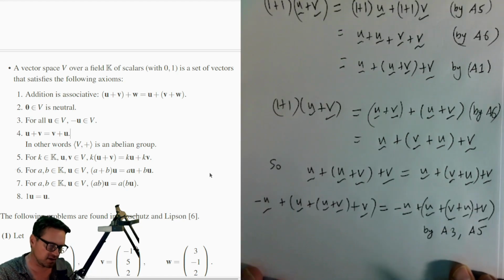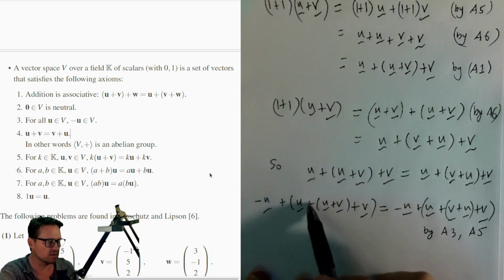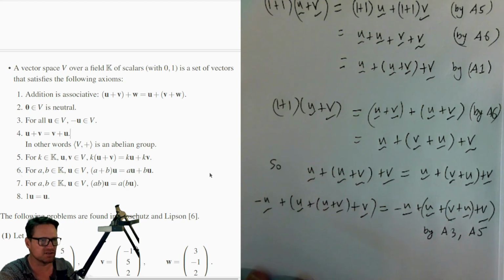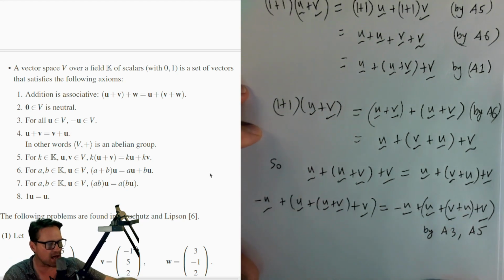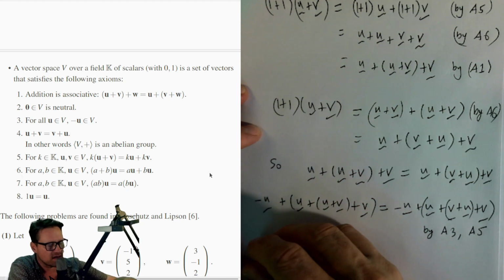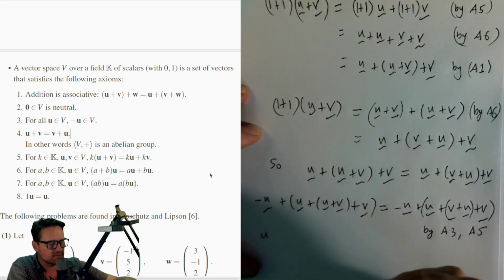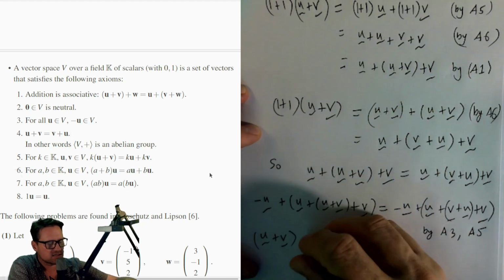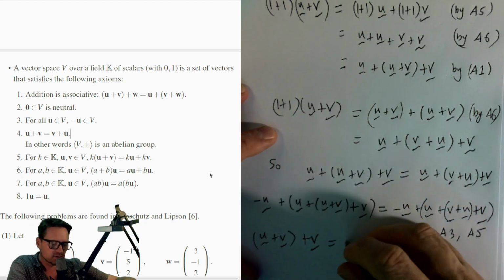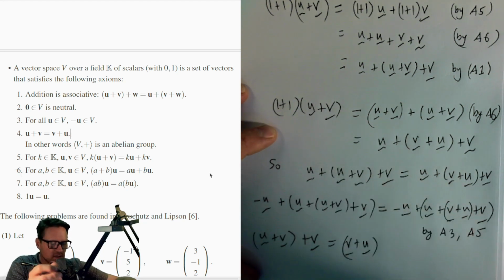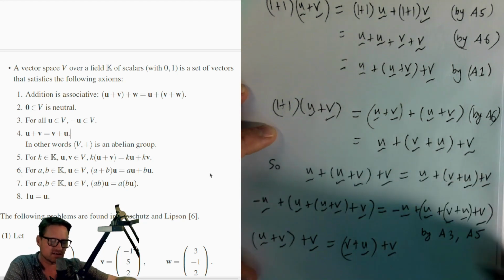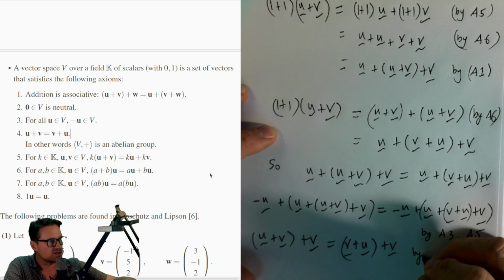Okay, and so next we use associativity, putting the brackets around the minus u and the u, seeing that those add up to give 0. And so what we end up with then is (u plus v) plus v is equal to (v plus u) plus v, and this occurs by associativity.